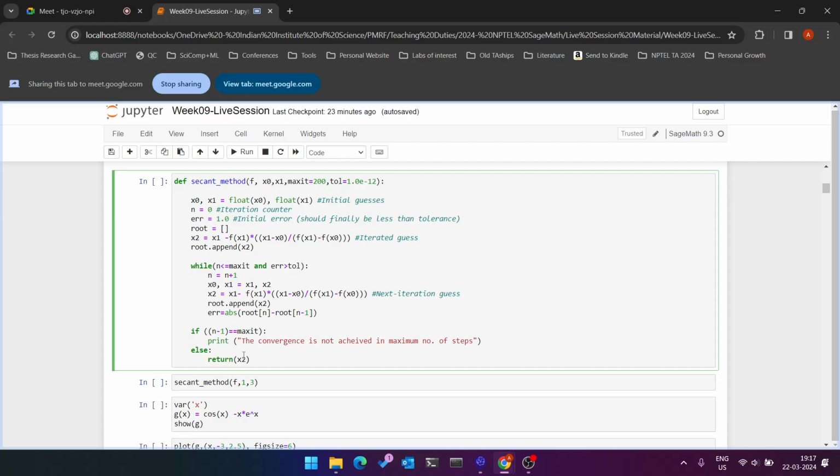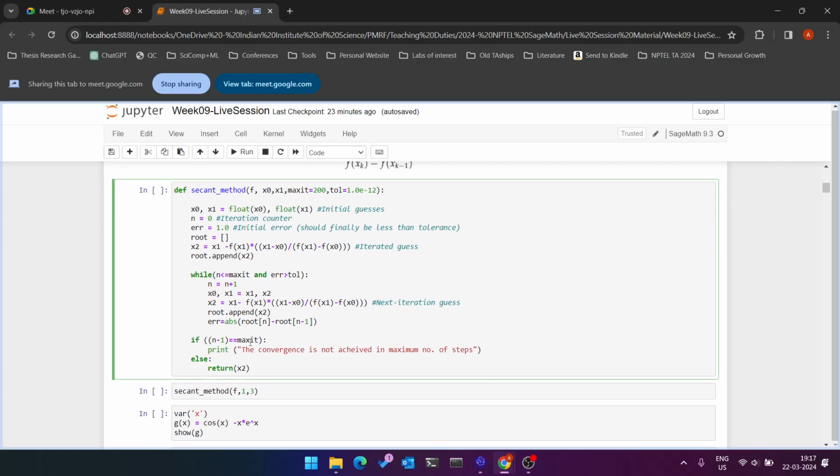Once this whole thing is done, if our number of iterations maxes out, then we print that we have not achieved our objective of a converged root. Otherwise, we return x2, which is the last entry in the root.